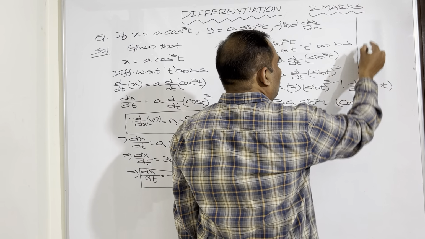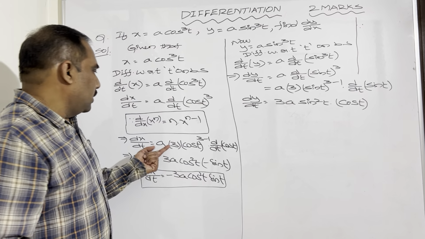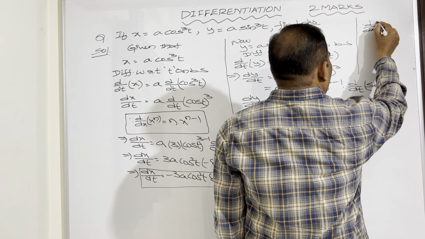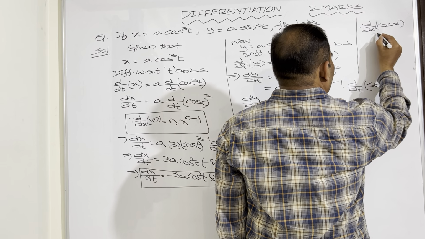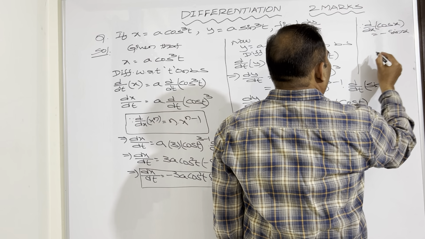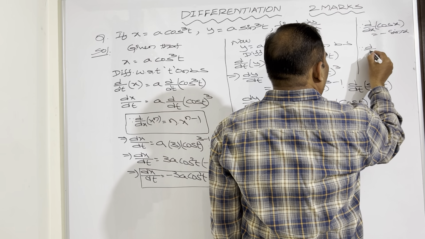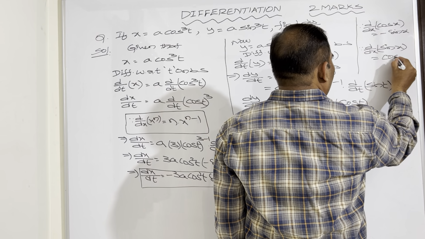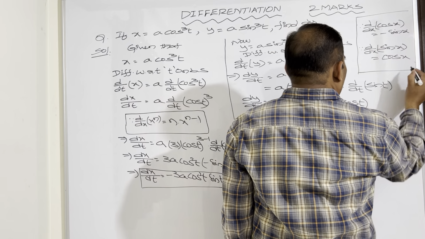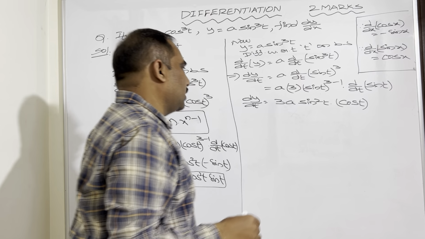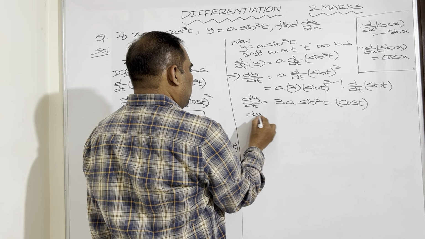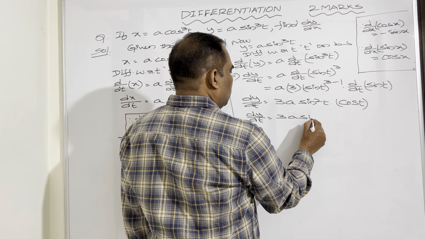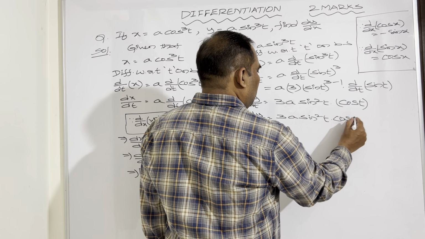Here also I applied the standard forms: the derivative of cos x is minus sin x, and the derivative of sin x is cos x. So finally what we get, dy by dt is equal to 3a into sin square t into cos t.